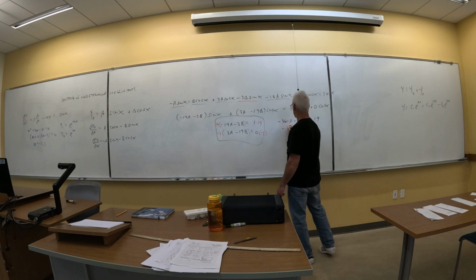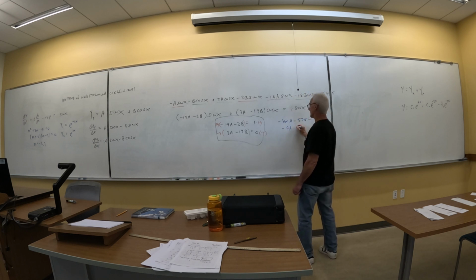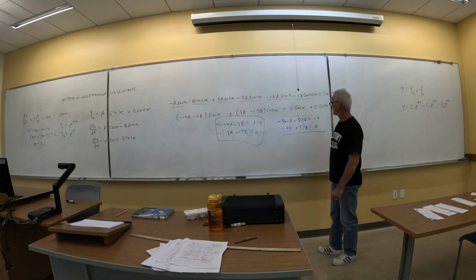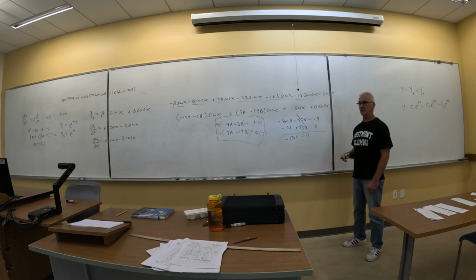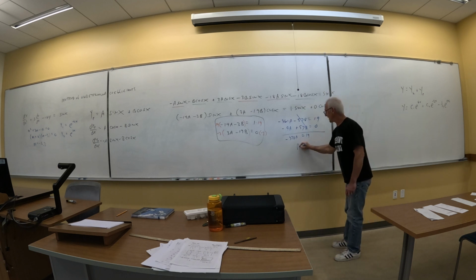And down here I'd have negative 9a plus 57b equals 0. So what have I got? Negative 370a equals 19. Does 19 go into 370? No. So a equals negative 19 over 370.